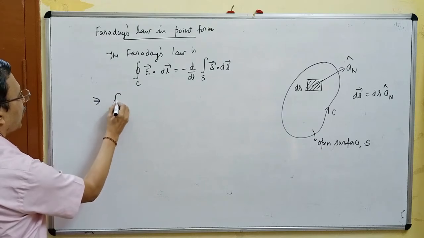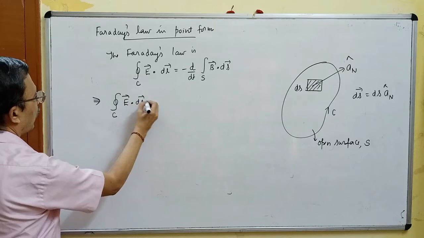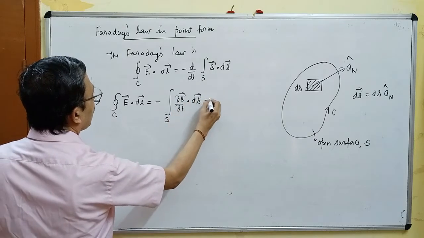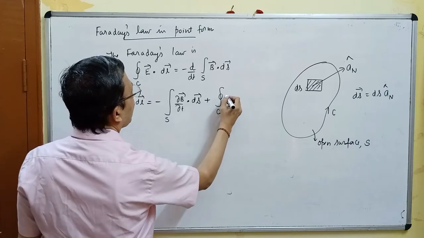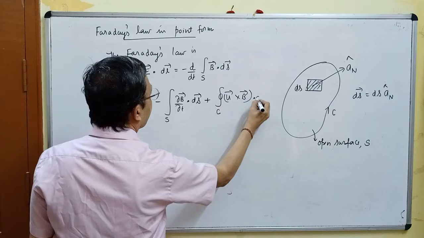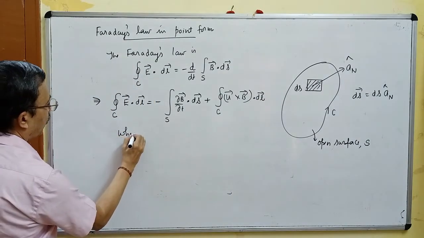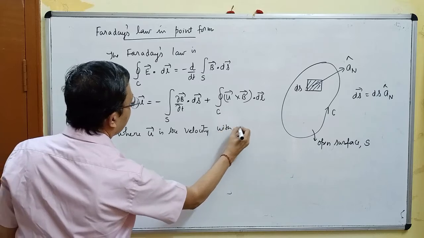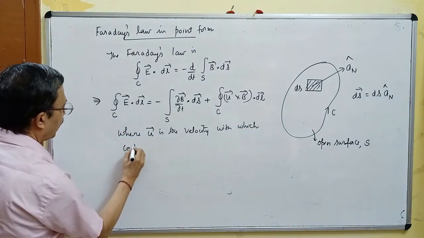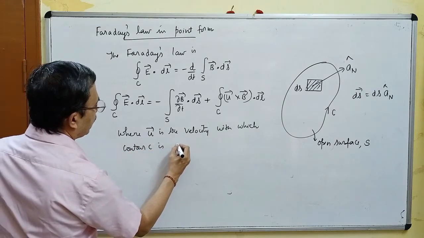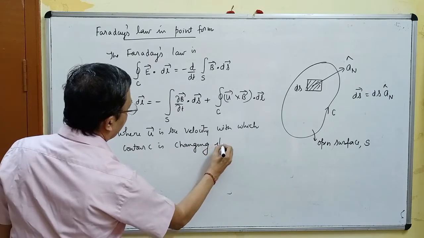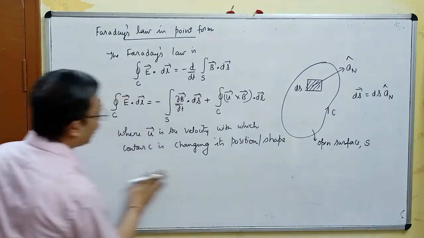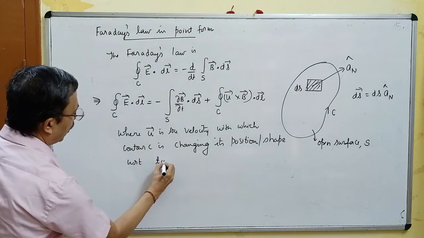This implies contour integral C vector E dot dl is equal to minus surface integral dou B by dou t dot ds plus contour integral C vector u cross B dot dl, where vector u is the velocity with which contour C is changing its position or shape with respect to time.